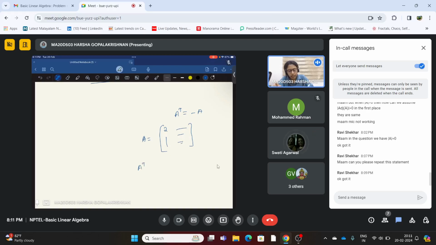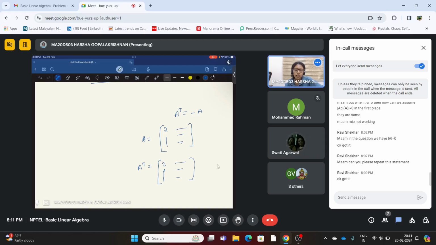If we just say A transpose is equal to minus A, then even if it is non-zero, it will work, just the non-diagonal elements have opposite sign. So the diagonal does not necessarily have to be zero based on this condition alone.